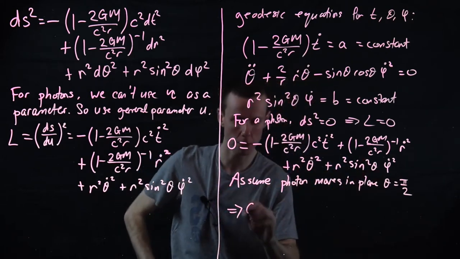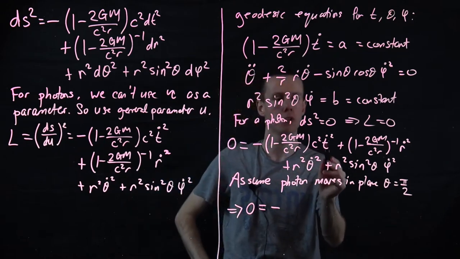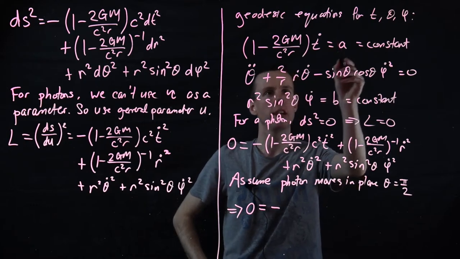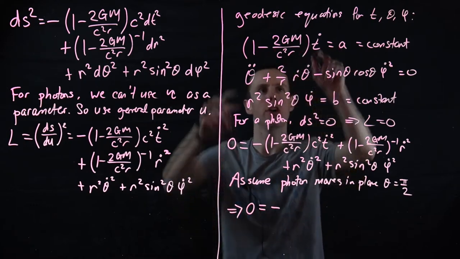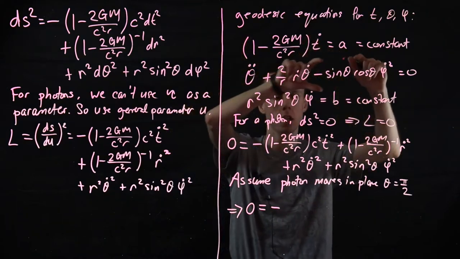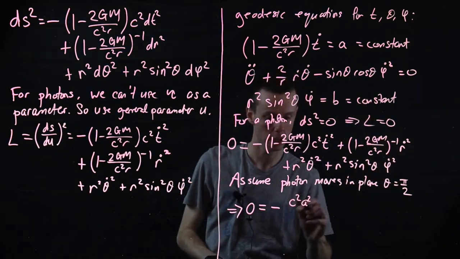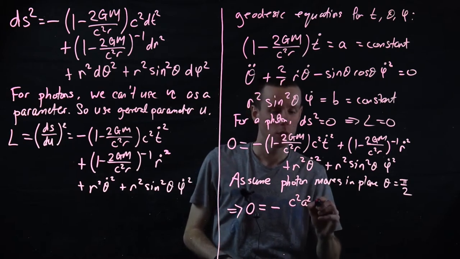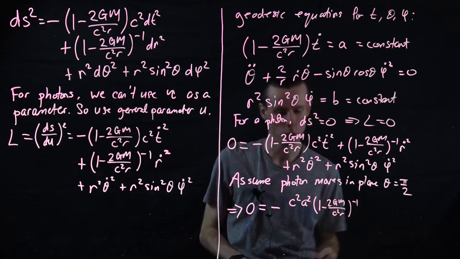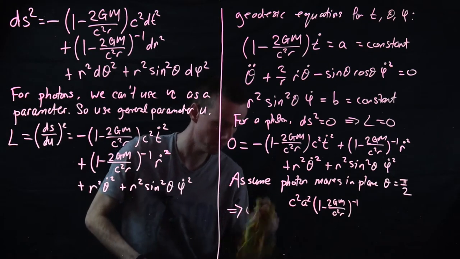So let's combine a few steps. This equation will now become 0 equals minus, now let's combine some stuff. We've got t dot squared. So that will be A squared over (1 minus 2GM over c squared r) all squared. One of those all squareds will cancel this, so you will have minus c squared A squared over (1 minus 2GM over c squared r). There's a minus sign there in front.